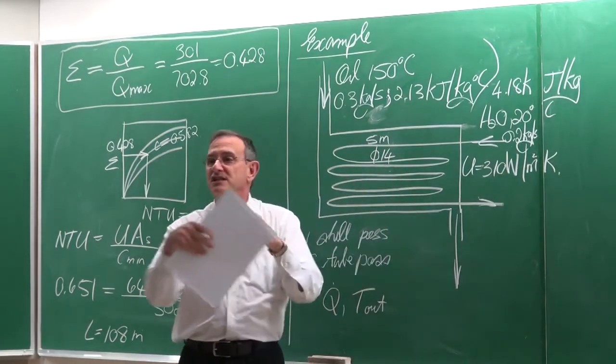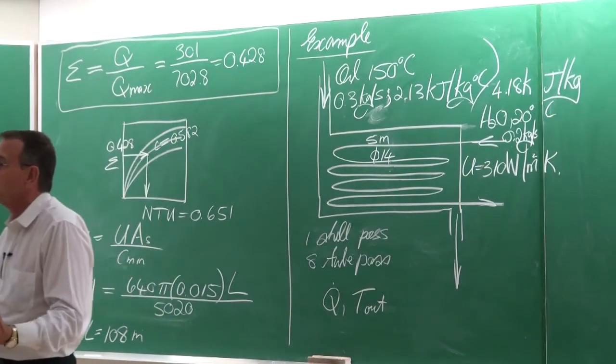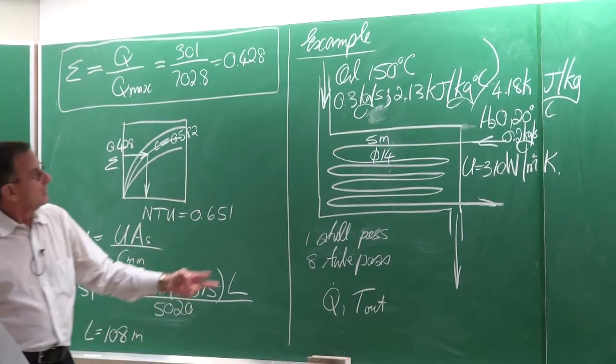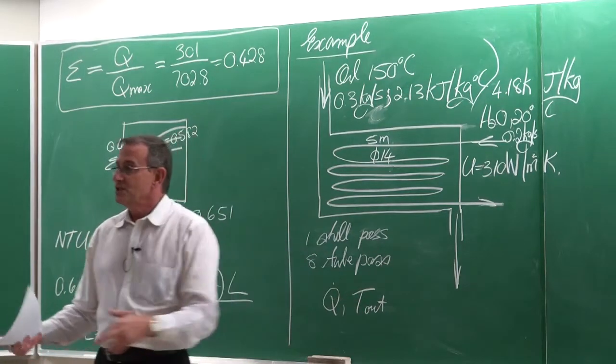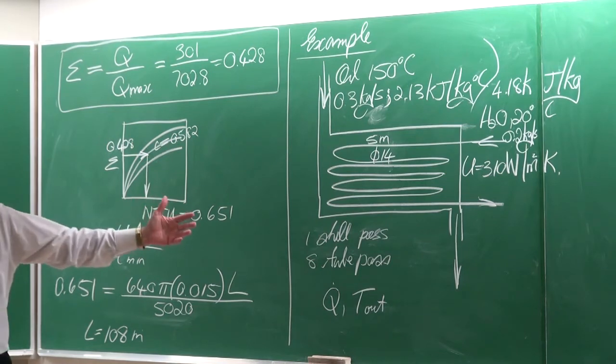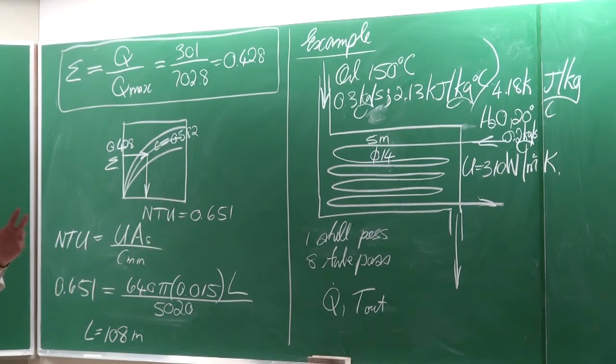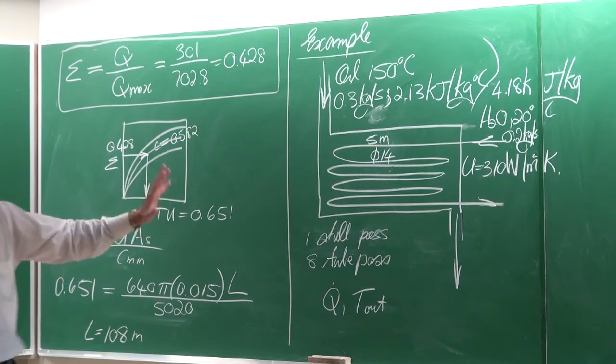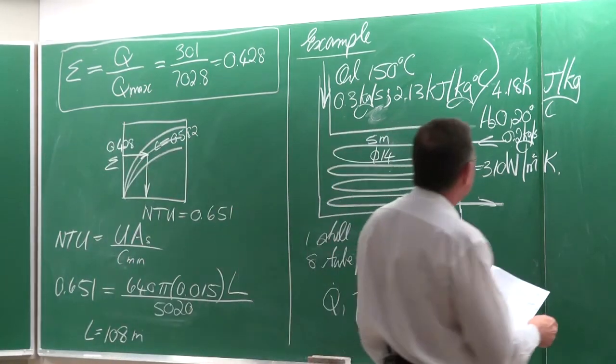The heat exchanger is a known heat exchanger, but you don't have the two outlet temperatures. If you don't have the two outlet temperatures, you cannot calculate the LMTD. You can select one, so you can iterate, but it takes a long time to converge, and that is really why we've got the effectiveness NTU method. It is ideal for this type of problem.